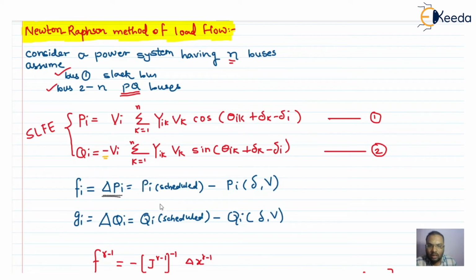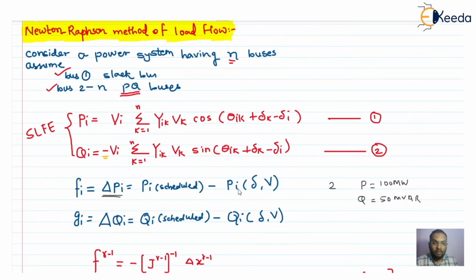Suppose for the second bus it is decided that the real power would be 100 megawatt, and the reactive power was decided as 50 MVAR. Then easily you can see that these two are constants.